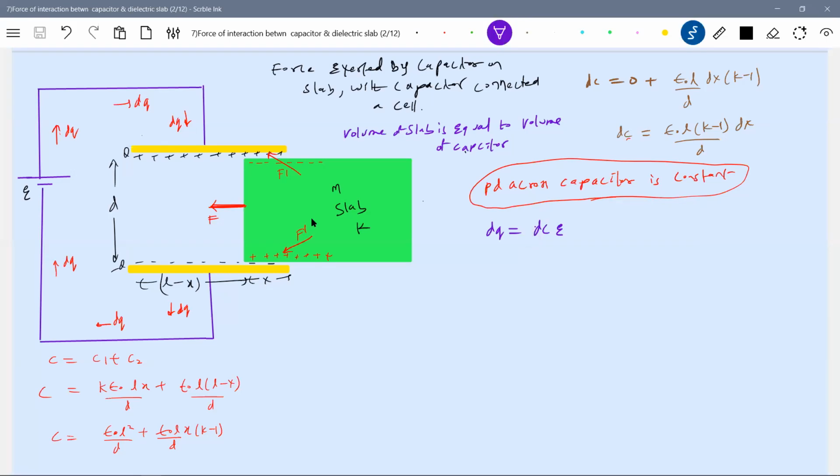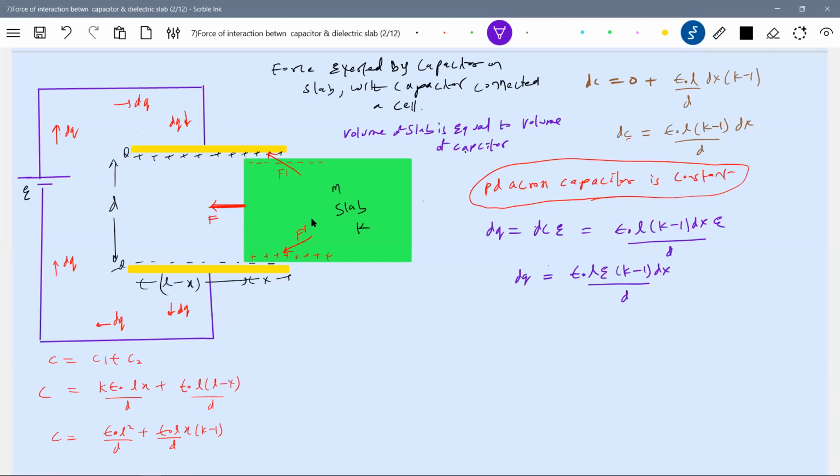That's the meaning of that. So this will become epsilon naught L (K minus 1) dx E by d. We will have this equation. Very important.